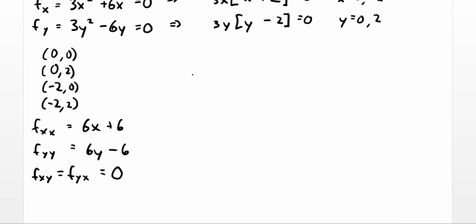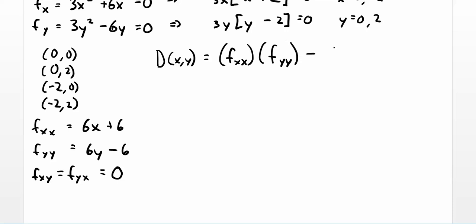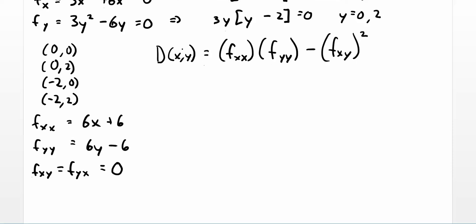And so now we're going to define our discriminant. Remember, the discriminant is a function of x and y, and it's equal to the second partial derivative with respect to x times the second partial derivative with respect to y minus the mixed partial derivative squared. And let's evaluate this at all the different values.